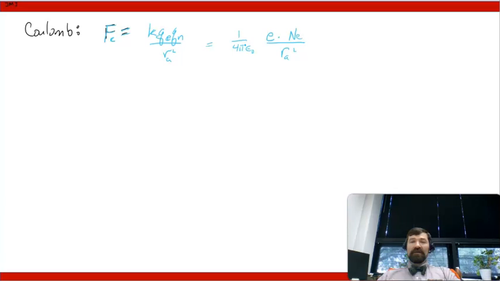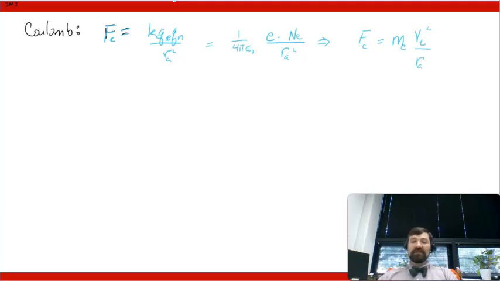And so this basically ends up giving us the radius of the orbit, because we also know that F_c classically must be the mass of the electron times the tangential speed squared divided by the radius.